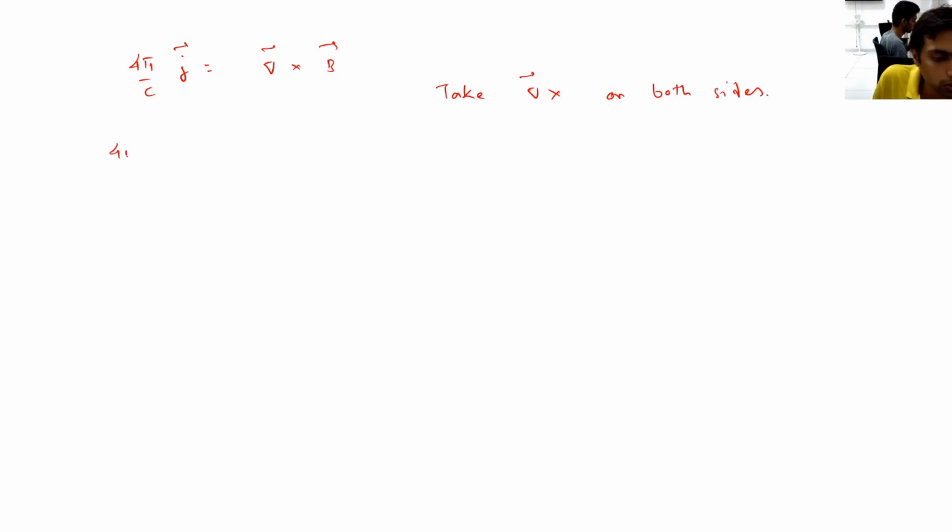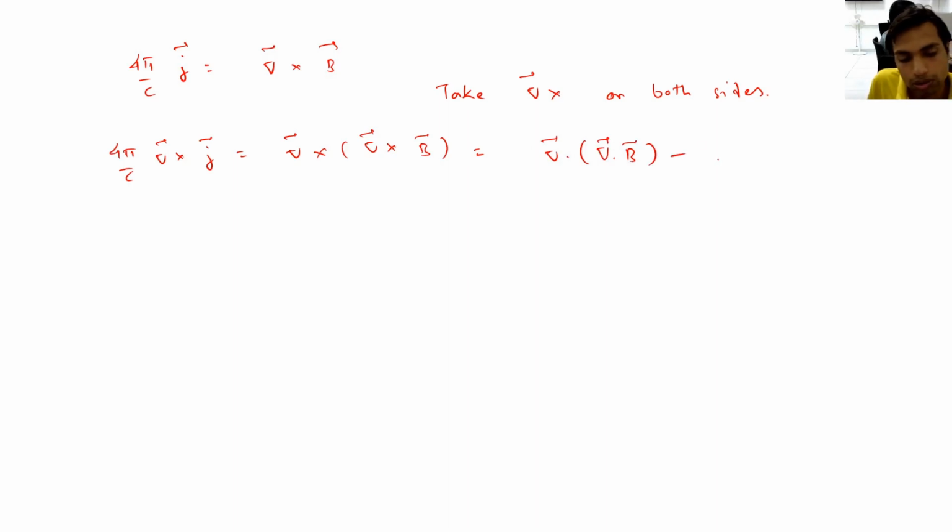What you have is 4π/c curl of j is equal to curl of curl of B. This will give you del square B. This vanishes because of the divergence theorem, and so you are left with only minus del square B.